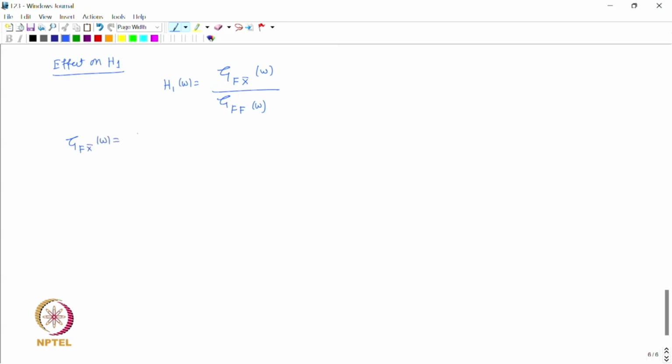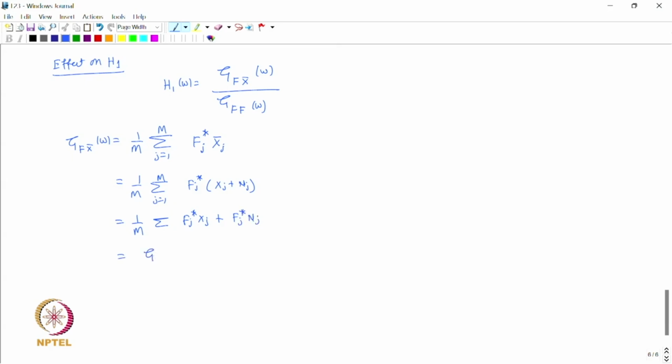We can write G f x bar as 1 by m, summation over j varying from 1 to m, of f j star into x bar j, right, which is 1 by m summation of f j star into x j plus n j, and that gives 1 upon m summation of f j star x j plus f j star n j, right.